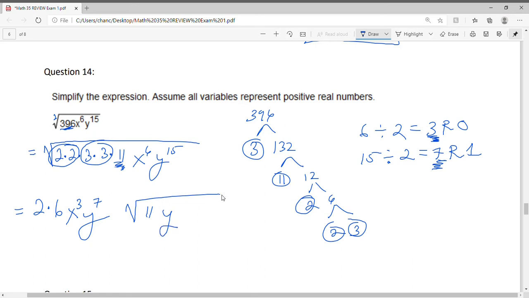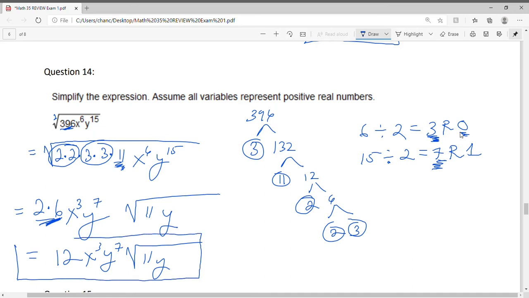There's no x left inside because the remainder is 0. And now we'll simplify this as 12 because 2 times 6 is 12. And we'll copy the rest. So this is our solution for question number 14. 12x cubed y to the 7th times the square root of 11y.